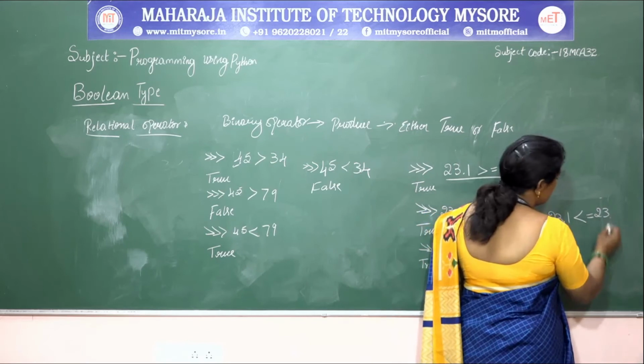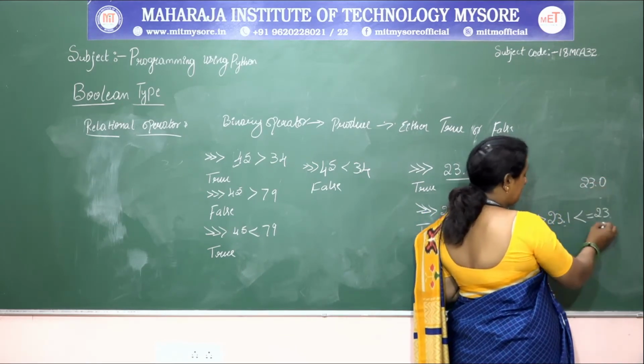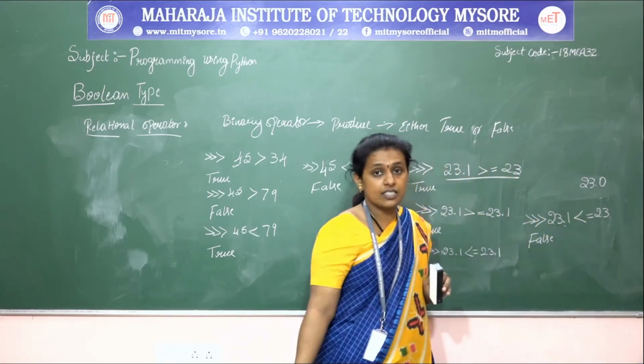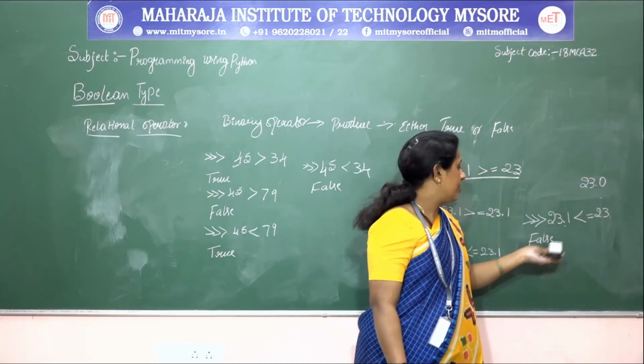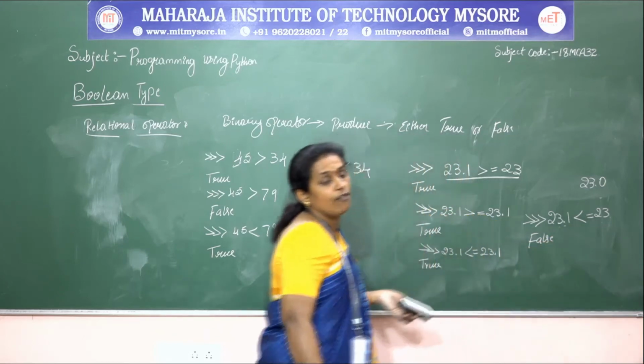As I told you, this 23 will become 23.0. When we compare, 23.1 is the higher number compared to 23.0. So when this relational expression gets evaluated, we get the output as false.